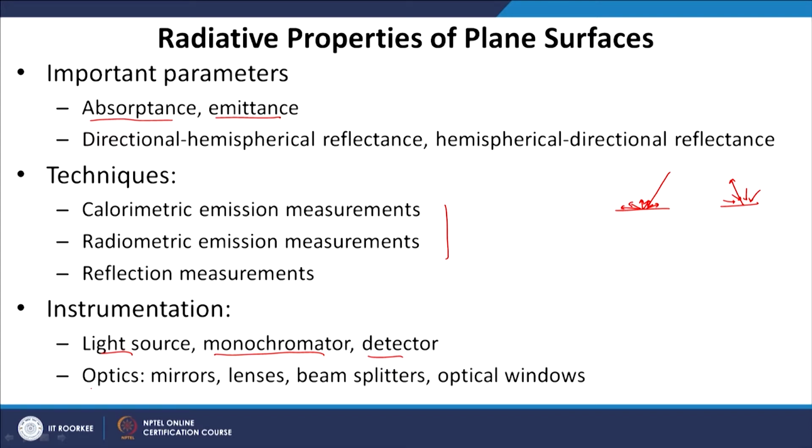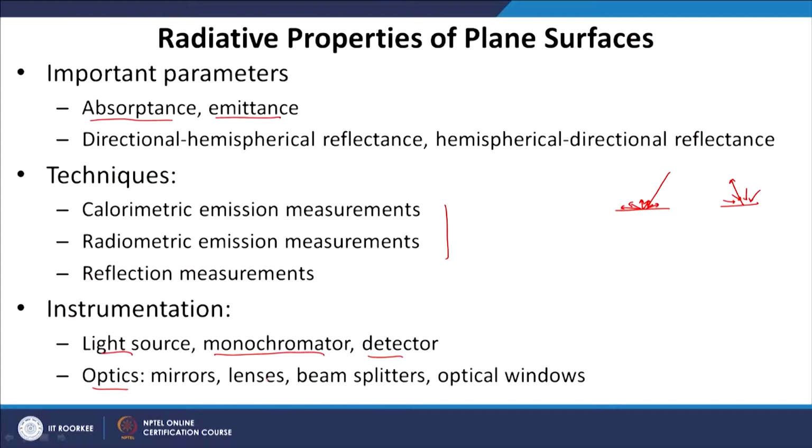We need to have good optics that will basically take the radiation from source to the detector. In the optics we have mirrors, lenses, beam splitter, optical windows and so on. So optics is very important to design a good experimental setup in radiative heat transfer.